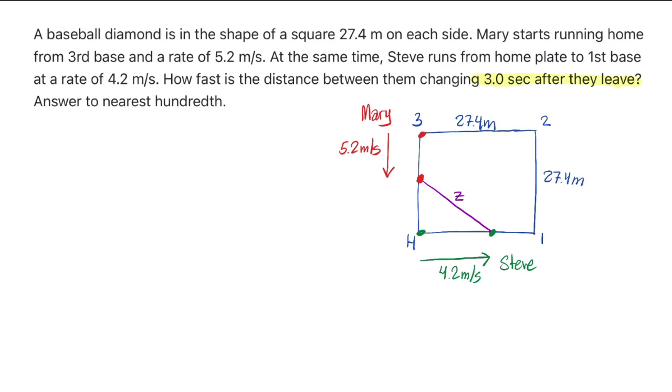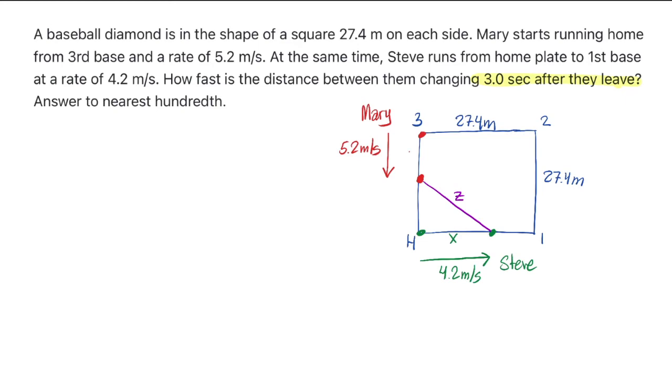Now, in those 3 seconds, Steve has run X meters. So we're going to label this side X. And Mary has run Y meters.